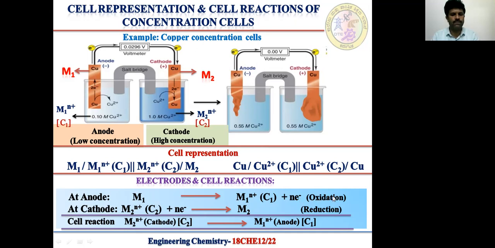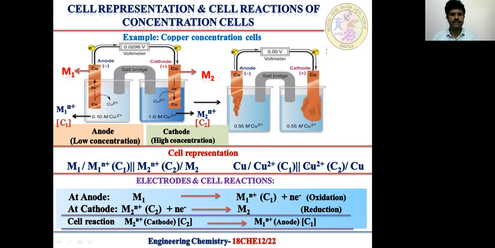So that is oxidation. At the cathode, reduction reaction takes place. At the cathode, the metal ions present in the solution, that is M2^n+ present in electrolyte concentration C2, gain those electrons and are reduced, becoming metal M2.